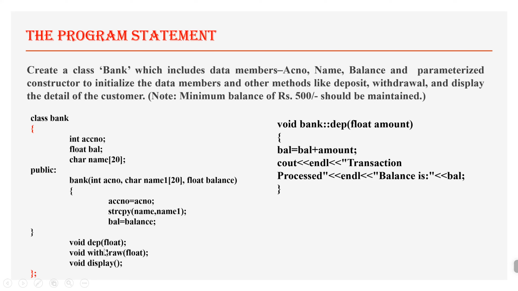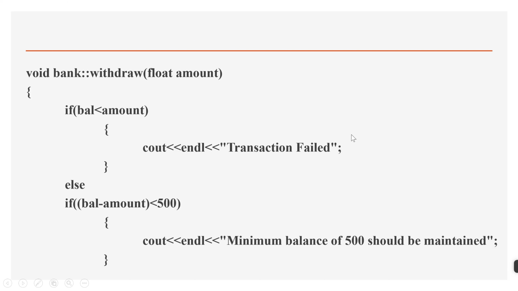Now I have functions called deposit, withdrawal, and display. So what is that function? Deposit float means I'm taking a value from the main program. That will be added to the balance with the new amount and the balance will be displayed. Then withdrawal, there is a condition.